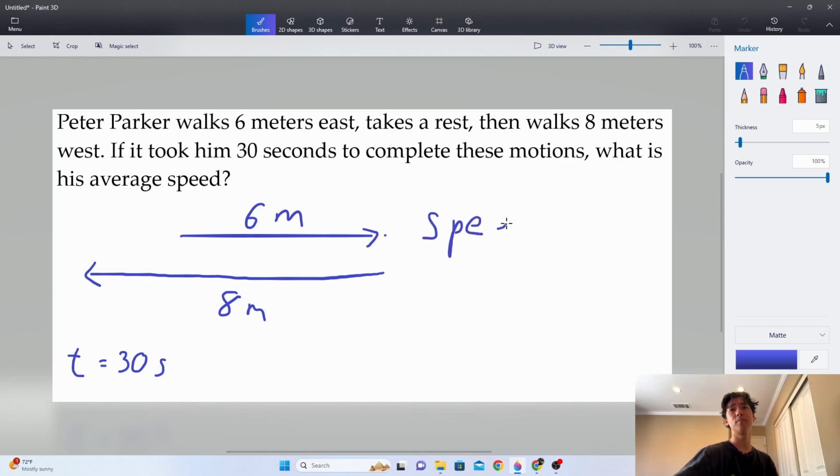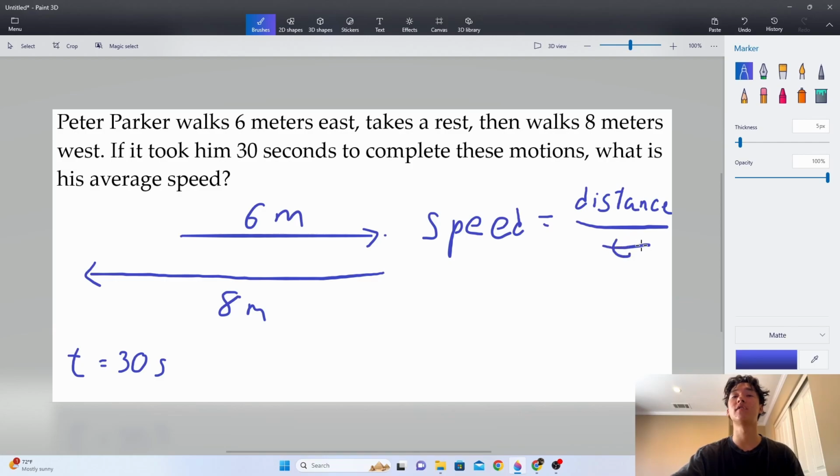So speed is going to be equal to, remember, we were talking about speed is equal to, it's just magnitude, just like distance, right? So total distance over the time it took to travel that distance. That's your speed. So what is his average speed? We'll find the total distance. It's 6 plus 8, right?